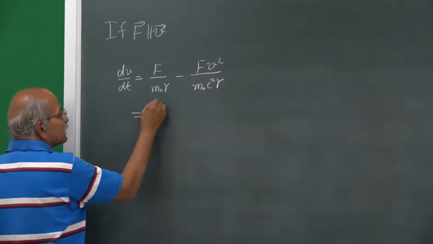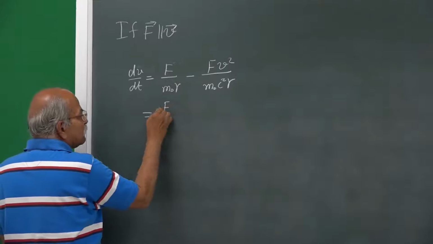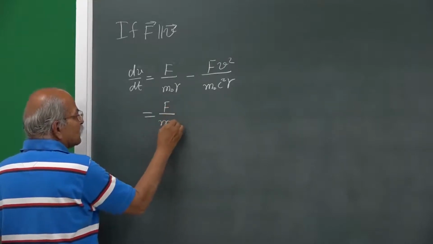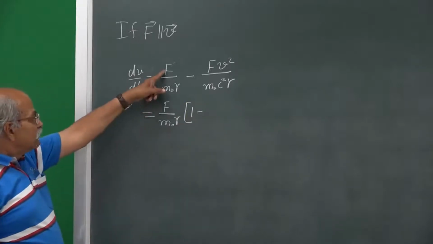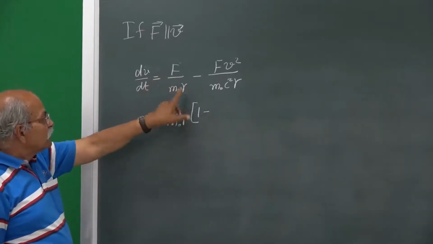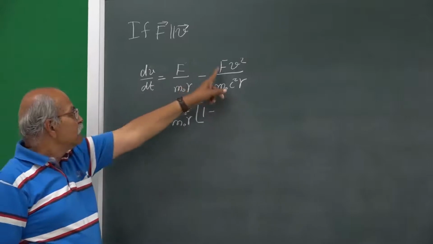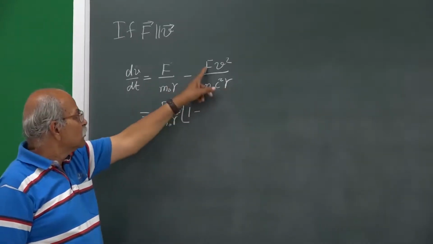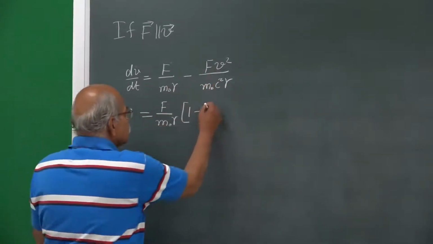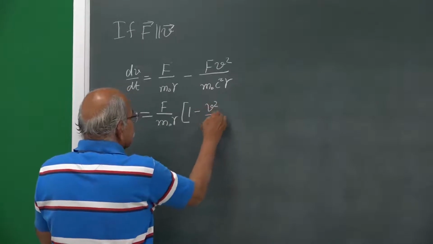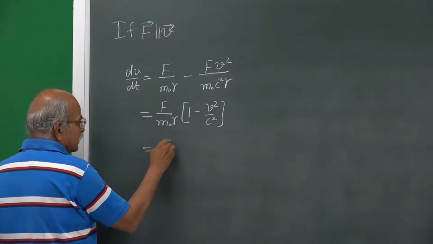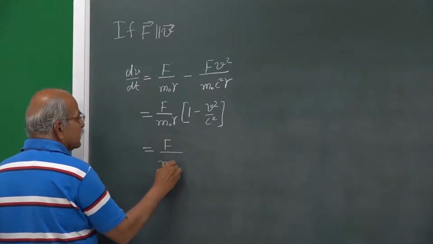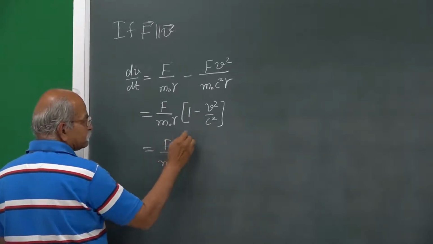So if you take f divided by m naught gamma common, then this is 1 here, and minus v square by c square. So you can write this as f divided by m naught gamma cube.